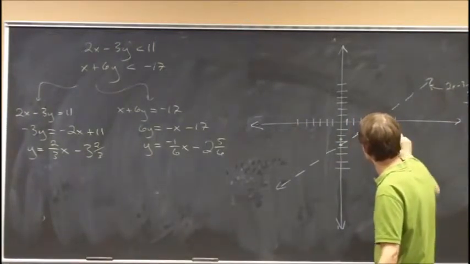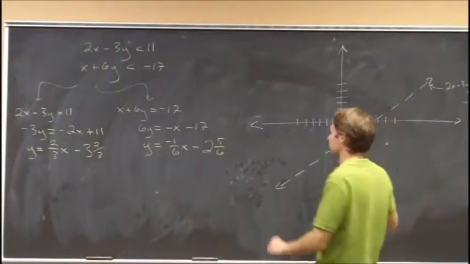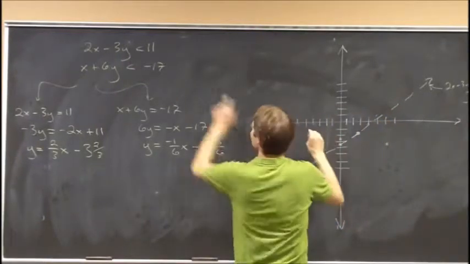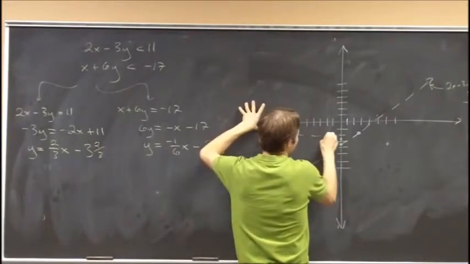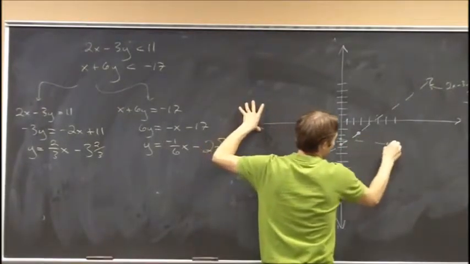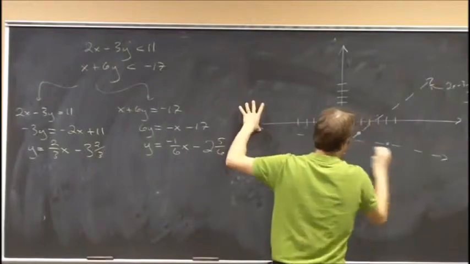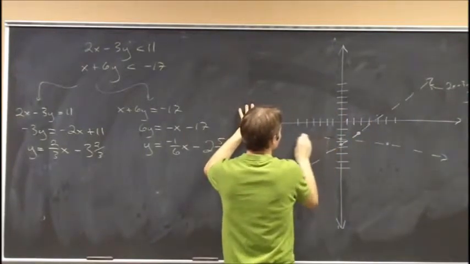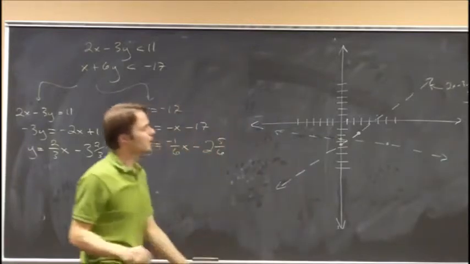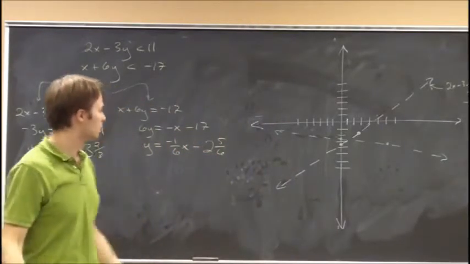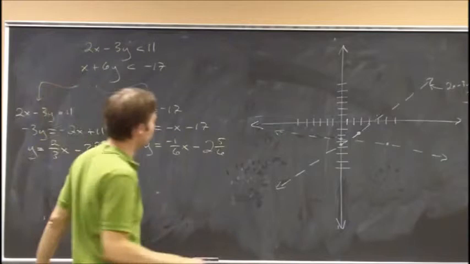I'll get a point about right here. Again, this one is also strictly less than, so it becomes a dashed line. It's kind of hard to draw the dashed line straight sometimes, so that's all right. If you have a ruler or a straight edge, it can be a little easier.